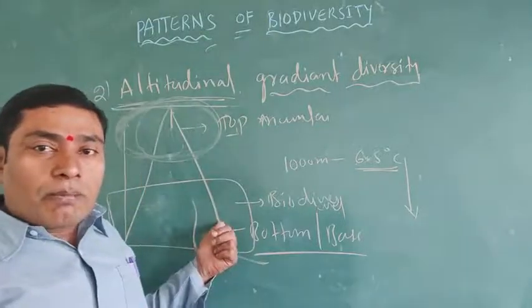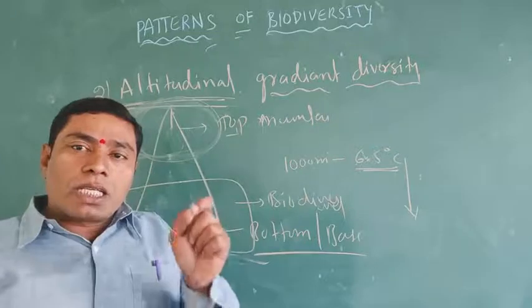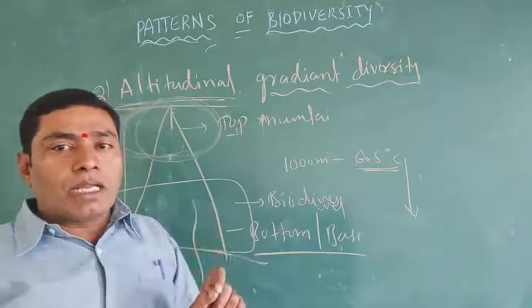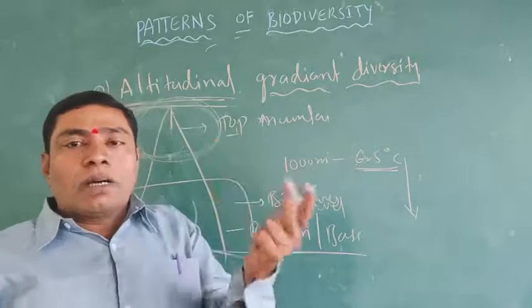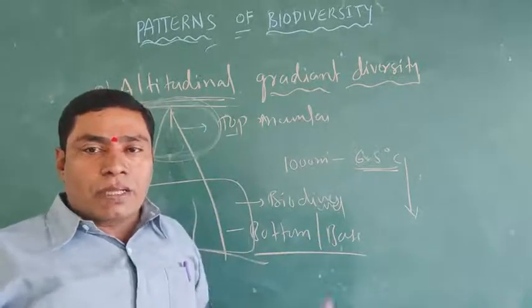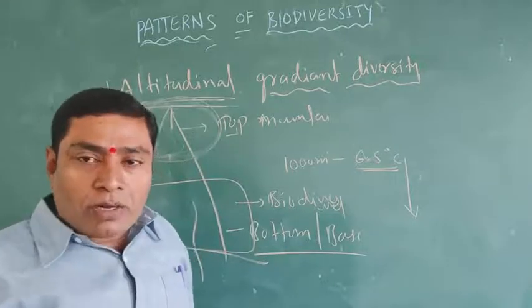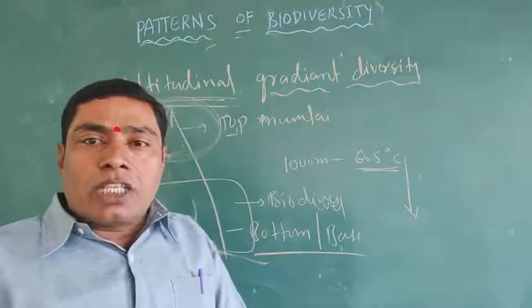When the altitude increases, the biodiversity decreases. The next, the third pattern of biodiversity, is the species area relationship.